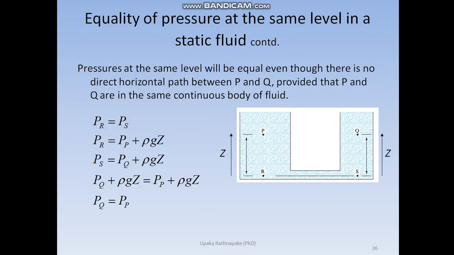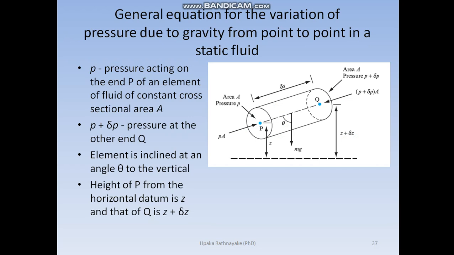Now with that, let us try to summarize what we have done. So far, we have looked at 2 specific cases in finding the hydrostatic pressure. The first one is the vertical variation, that is P is equal to rho g h.